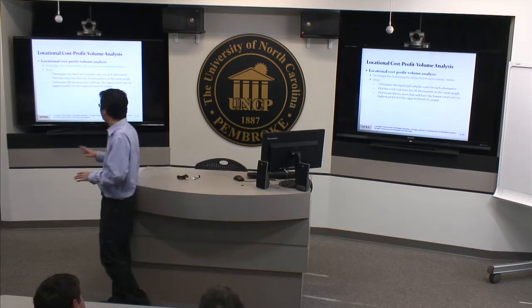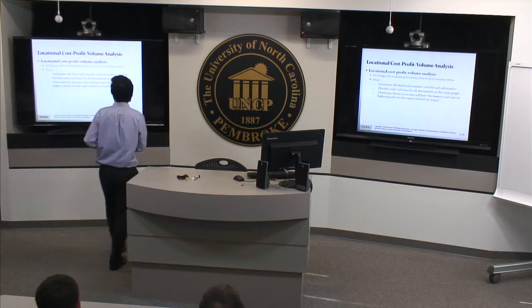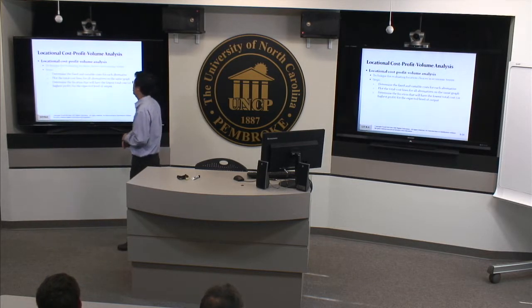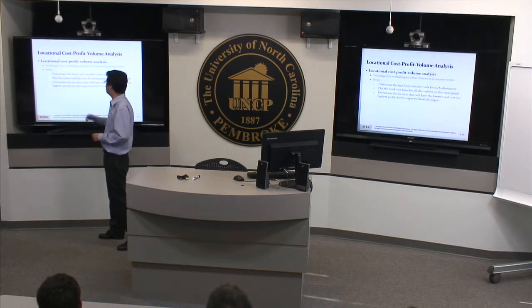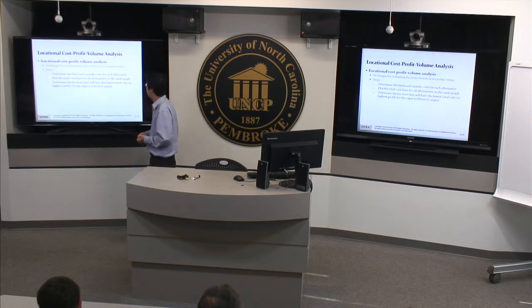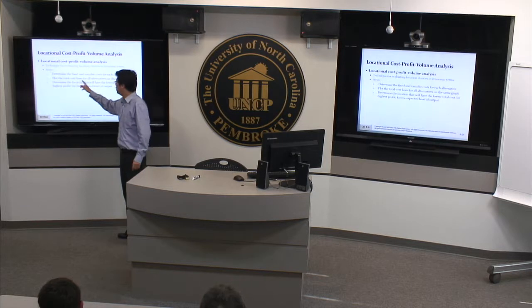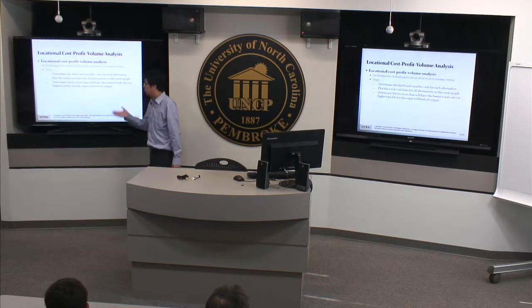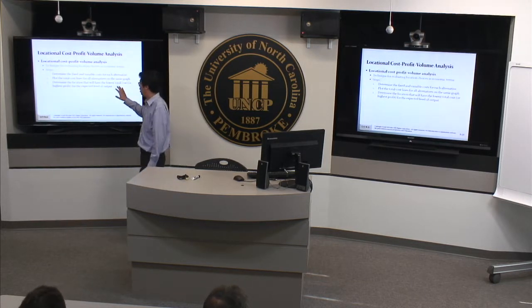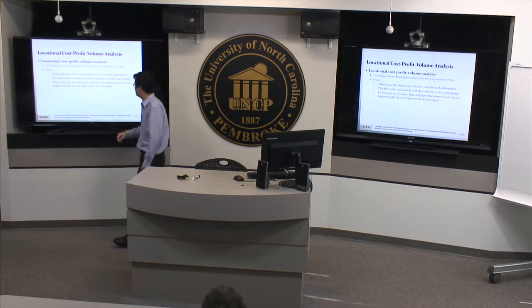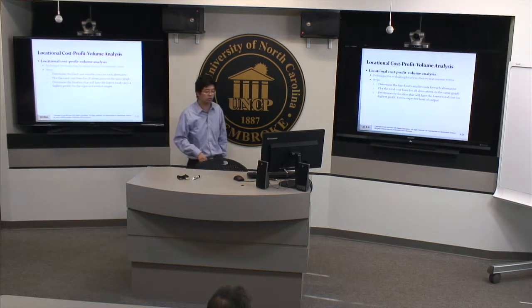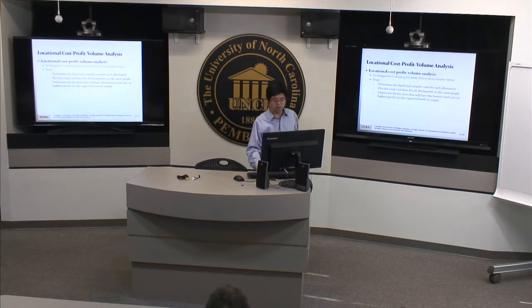That's a very similar idea for location planning. Several steps: first, determine the fixed and variable cost for each potential location. Plot the total cost line for all potential locations on the same graph. Determine the location that has the lowest total cost or highest profit.